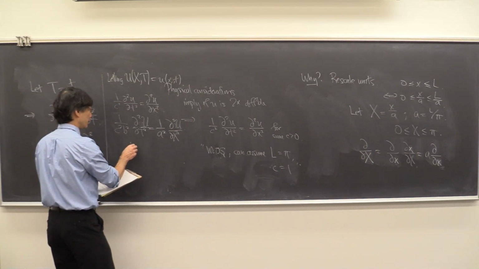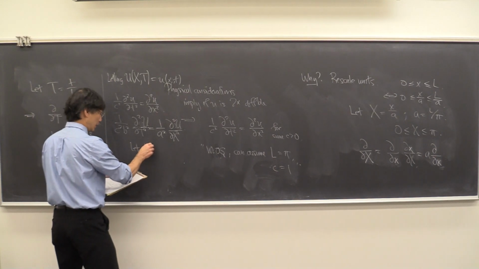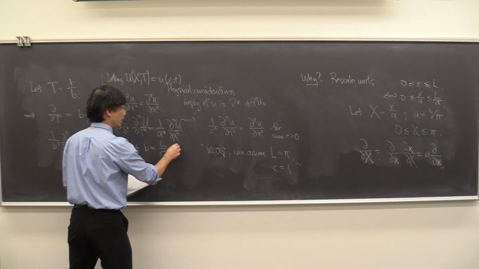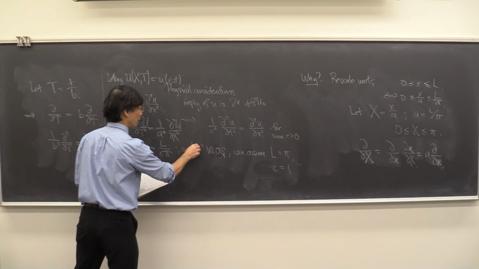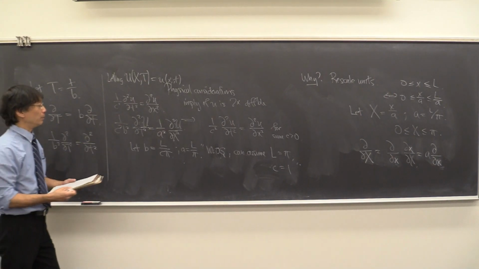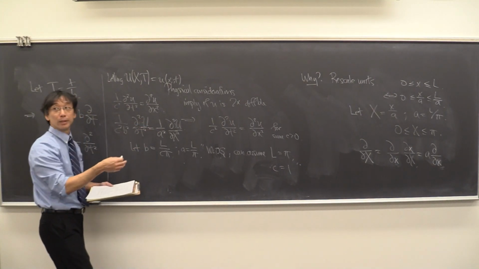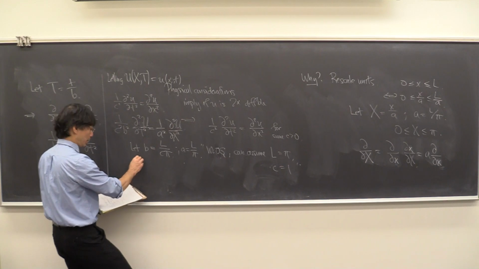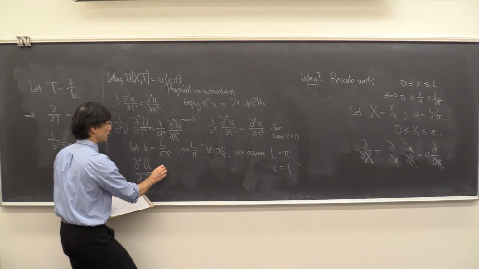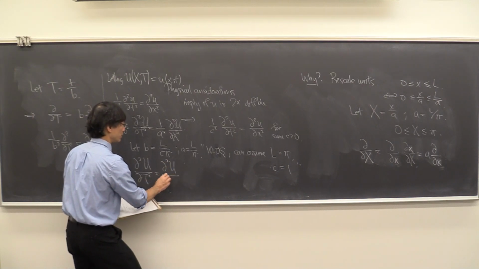But then, if you let b be L over c pi, and a be L over pi, then these constants cancel out. Okay, and so you end up with d squared u dt squared equals d squared u over dx squared.